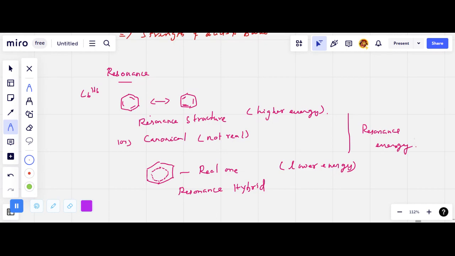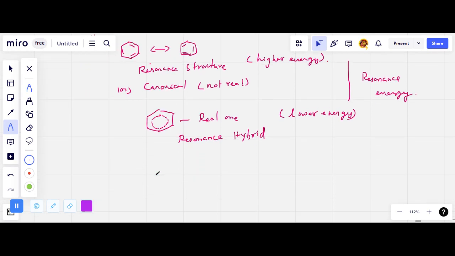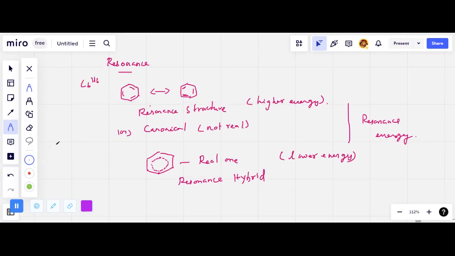The more canonical forms you can write, the more energy they have in total, so that is a higher energy, and this one is a lower energy. The difference between these two is called resonance energy.